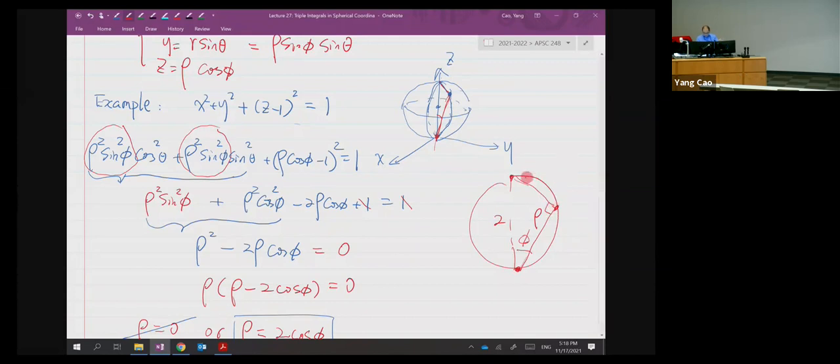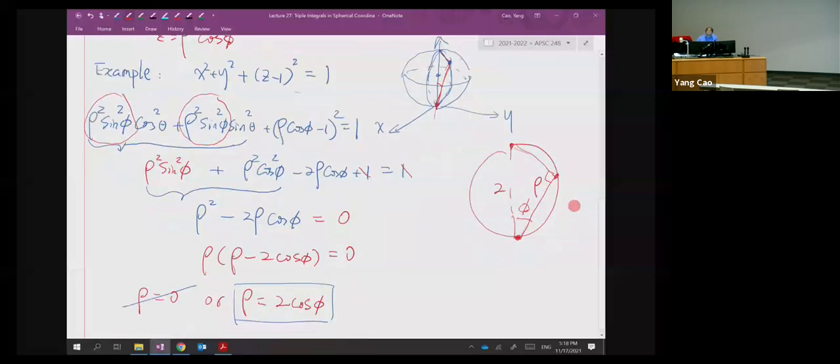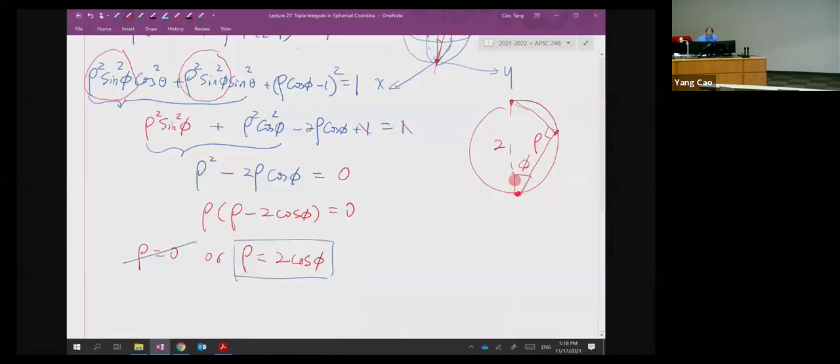If you create a triangle based on a circle, with the hypotenuse being the diameter, and one vertex being a point on the circle, then it's guaranteed to be a right triangle. So you look at this right triangle here, you can easily create a relationship. You can see that rho equals 2 times cosine phi. And that's the same result as we have obtained over here.